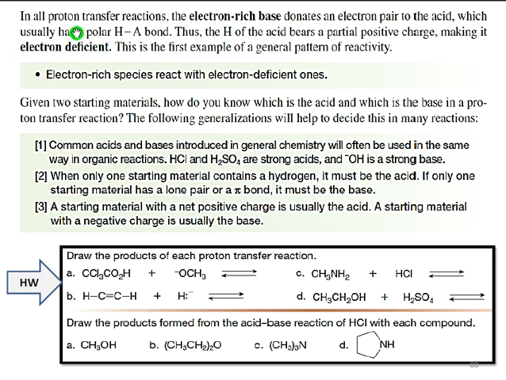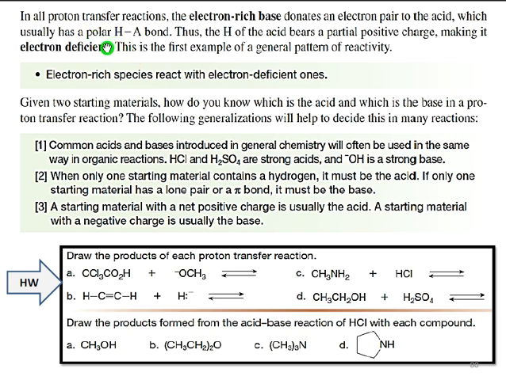The acid has a polar H-A bond. That means the bond here will be a polar bond. That means we have a partially positive charge and a partially negative charge. Okay, and the hydrogen of the acid bears a partial positive charge, making it electron deficient. That means with the partial positive charge, we can say it is electron deficient.